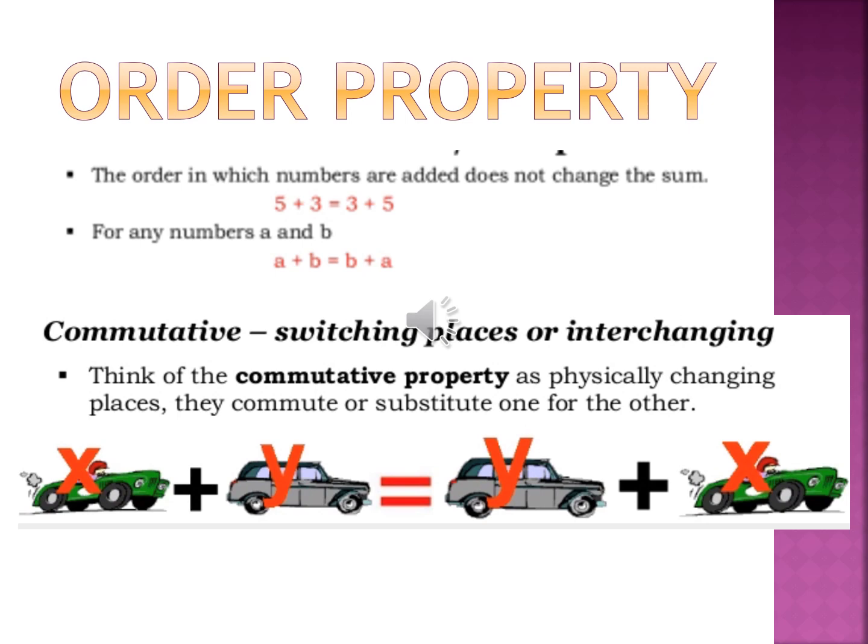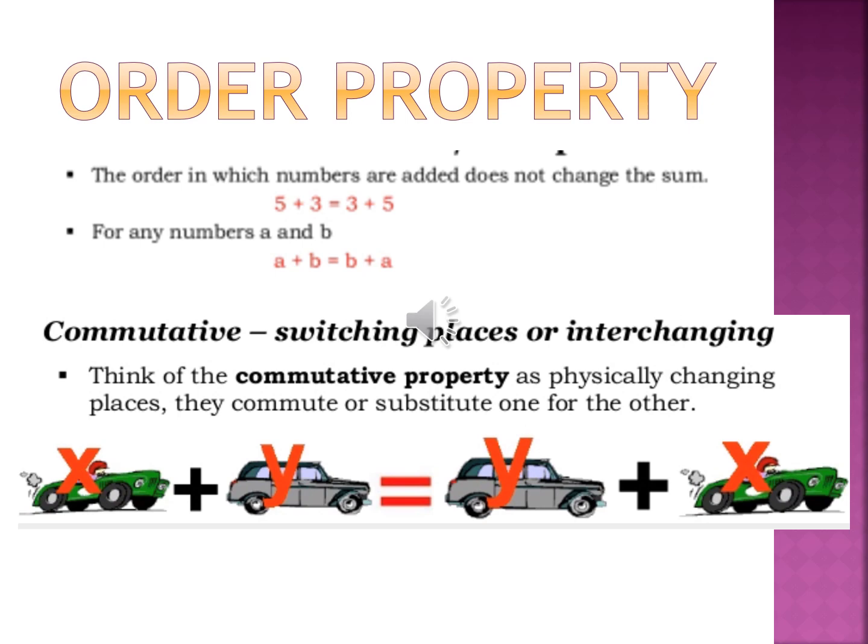5 plus 3 is equal to 3 plus 5. So, we have two sides, left hand side and right hand side. On the left hand side we have the addends 5 and 3. So we have added 5 and 3 and the answer is 8. On the right hand side we have the same addends 3 and 5, but only the positions are changed. 3 is written first and 5 is written at the second place.